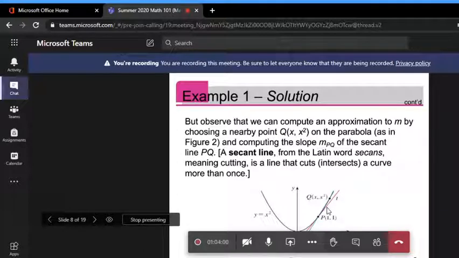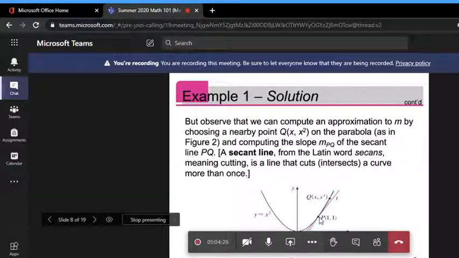What they did is they came up with such a thinking. They wanted to find the slope at the point P(1,1), and then they started to draw another point on the curve. Let's say this Q is an arbitrary point on this curve, y equals x squared, and we are interested in the slope at the point P(1,1).